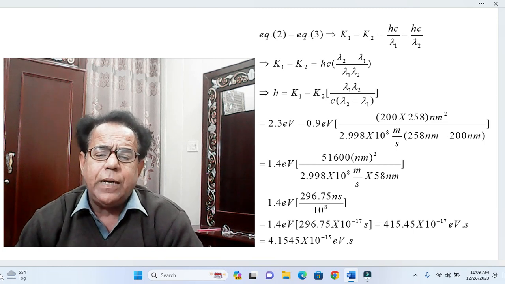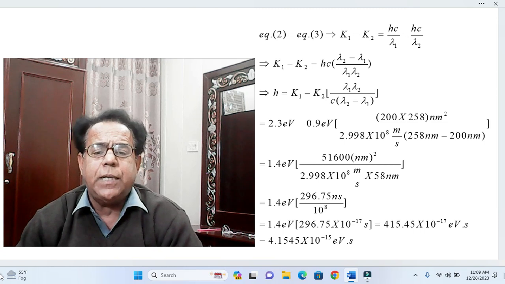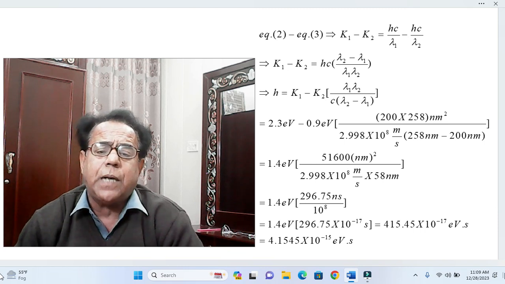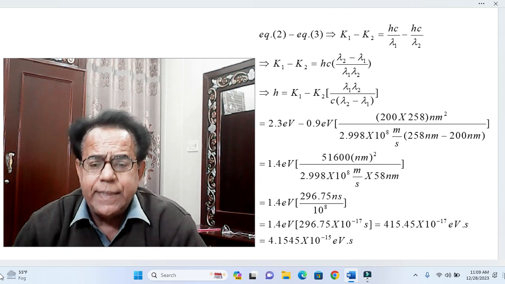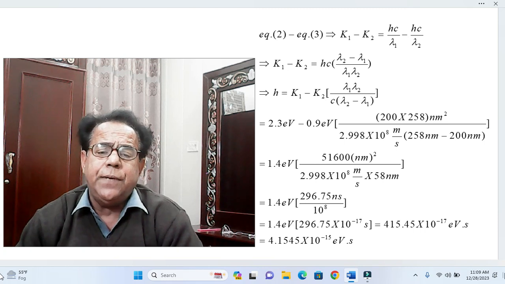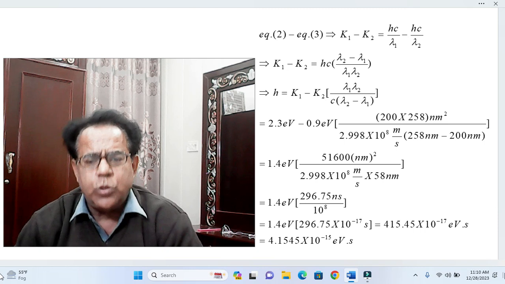So lambda 1 lambda 2, which is in the denominator, will go to the numerator on the other side. Similarly, lambda 2 minus lambda 1, which is presently in the numerator, will go to the denominator. Moreover, speed of light c is being multiplied with Planck's constant h, but it will be divided when shifted to the other side of the equality.